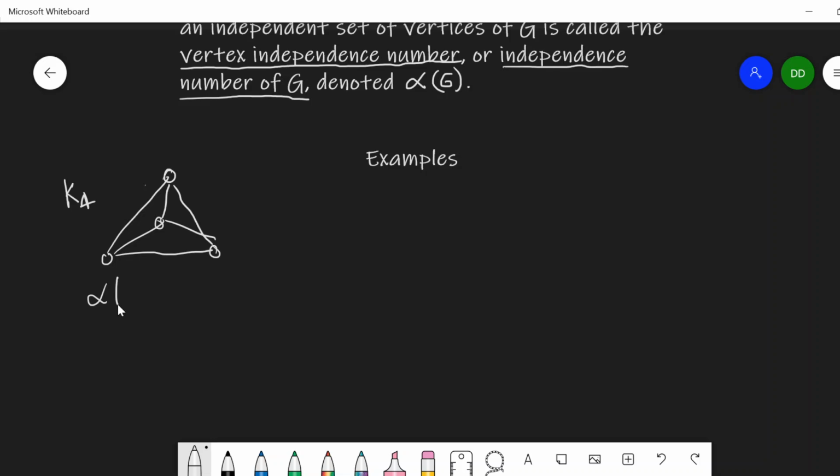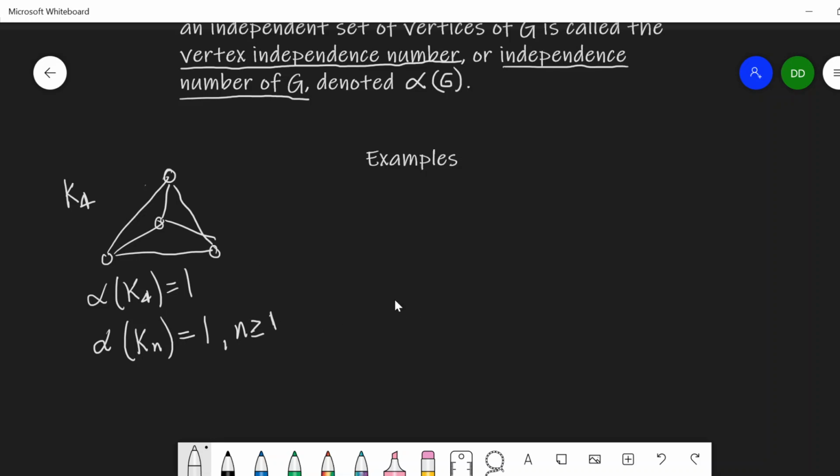And so the independence number of K4 is equal to 1. That's the maximum size of any independent set of vertices, because any two vertices are adjacent. And in fact, in general, the independence number of Kn is equal to 1 for n greater than or equal to 1. That's for all complete graphs.